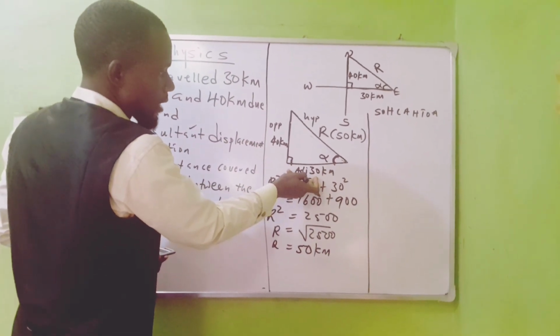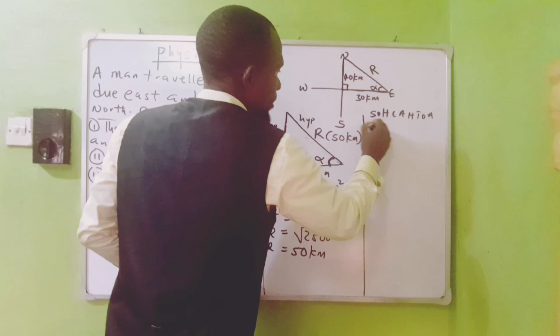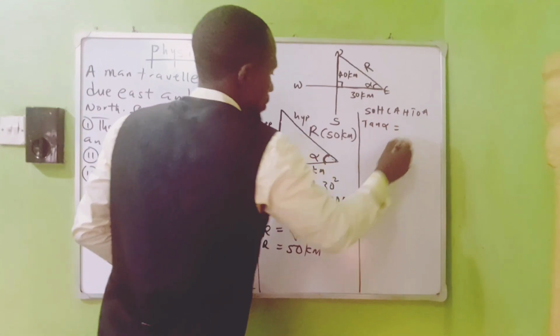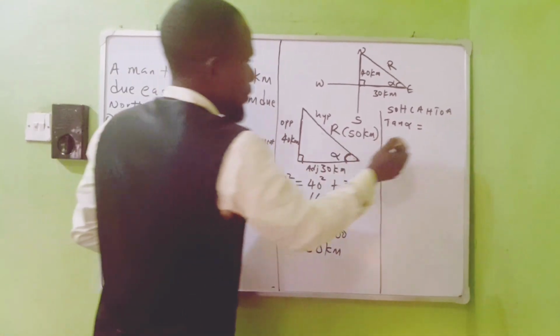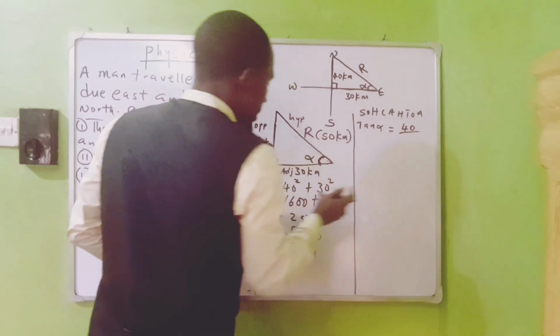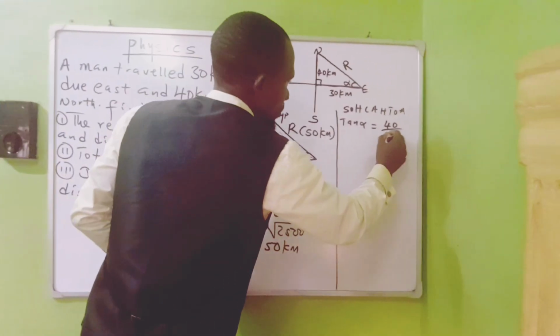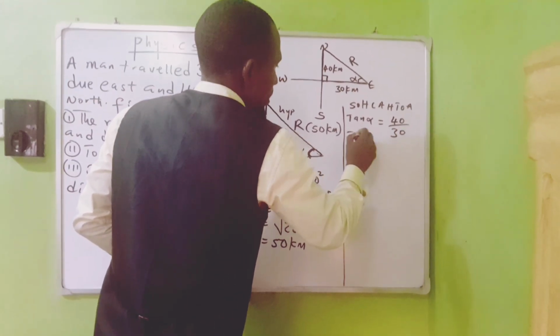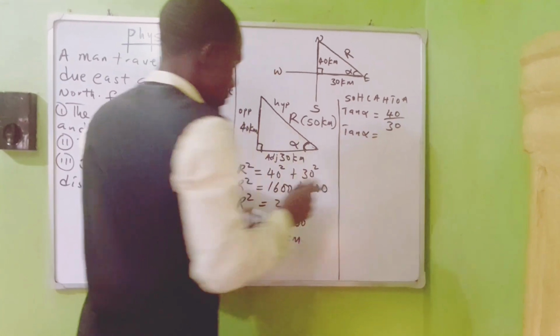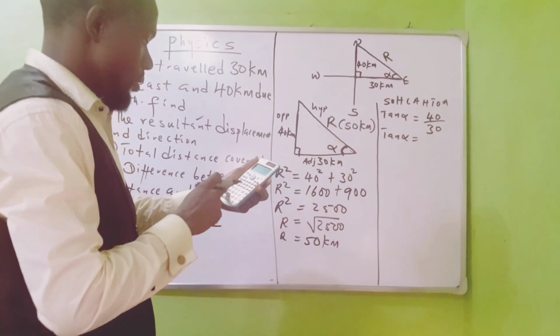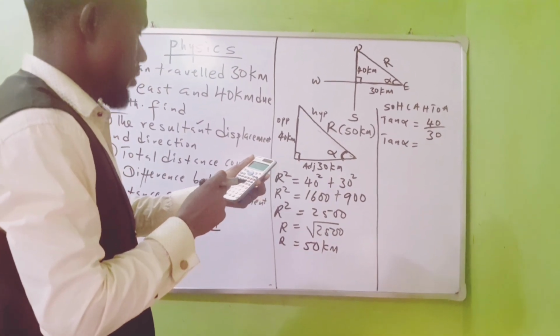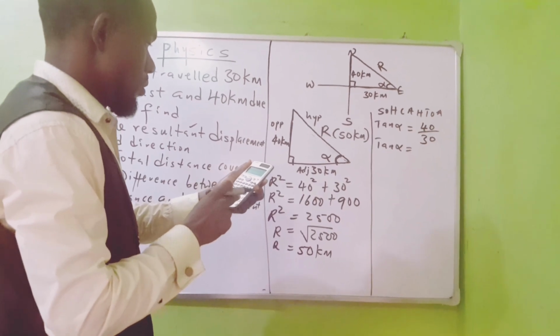I want to use these two, opposite and adjacent, which is tan. So my tan alpha is equal to my opposite, 40, divided by my adjacent, 30. So my tan alpha is equal to 40 divided by 30. What will I have?